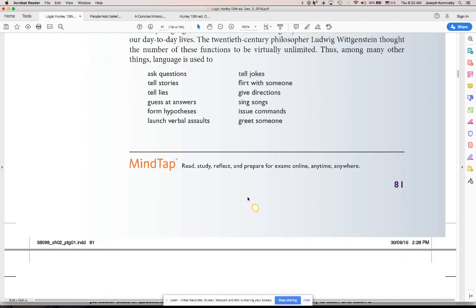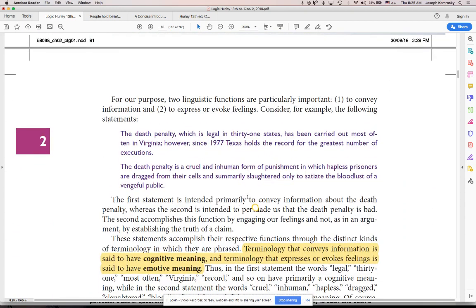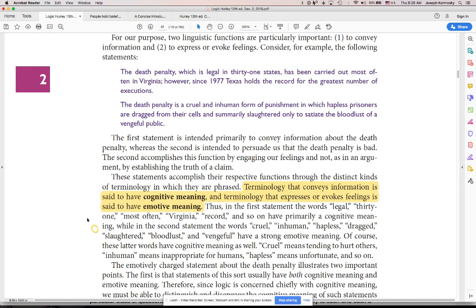So let's go down to, again, the goals and objectives for this section: cognitive, emotive, value, vague, and ambiguous. And then, factual versus verbal disputes. Now we can finally give you some new terminology, right? So, all right. Terminology that conveys information is said to have cognitive meaning.